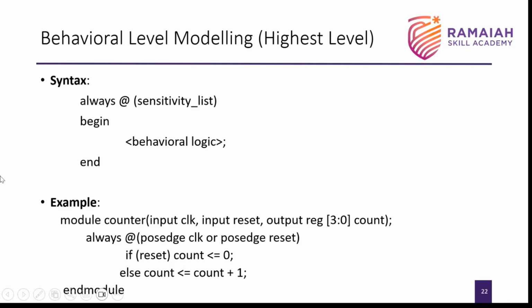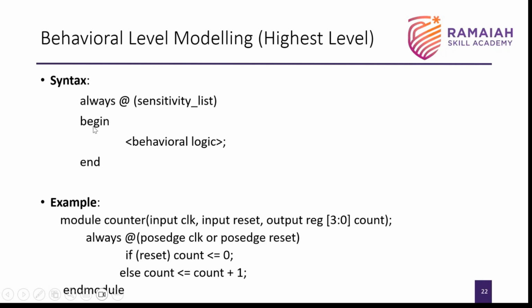This is the syntax of behavioral modeling, where always is the keyword. Within the sensitivity list, we write what changes the output. Your A and B change your output Y, so A and B come inside the sensitivity list, or, based on clock and reset, my count changes, so clock and reset come inside the always sensitivity list. So the sensitivity list decides what happens to my output.